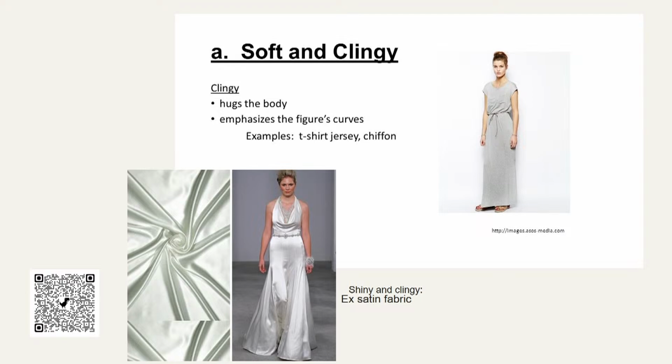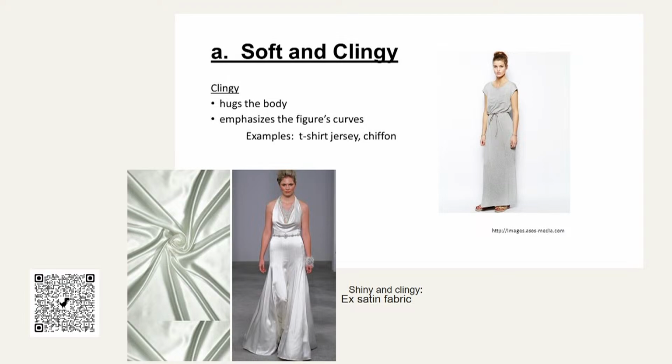As you can see in the first image, the clingy fabric, which is a hosiery fabric, is hugging the body, and it is also emphasizing body curves. Such kinds of textures are commonly seen on t-shirts, jerseys, and also in garments which are constructed using chiffon fabrics.